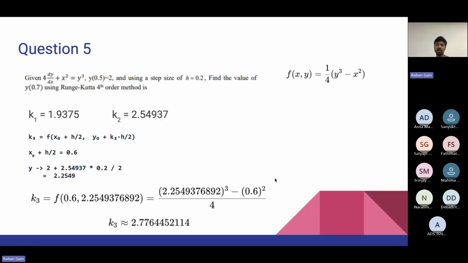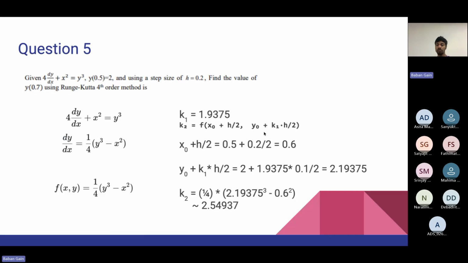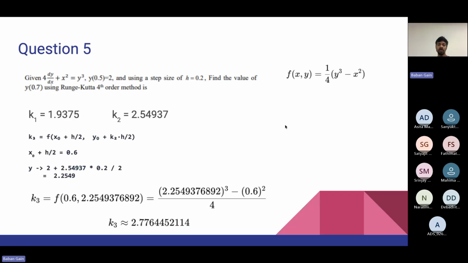Then what is the formula of k3? The k3 formula is x0 plus h divided by 2, which will again become 0.6, and y0 plus k2 into h divided by 2. Earlier it was k1 into h divided by 2, here it is k2 into h divided by 2.